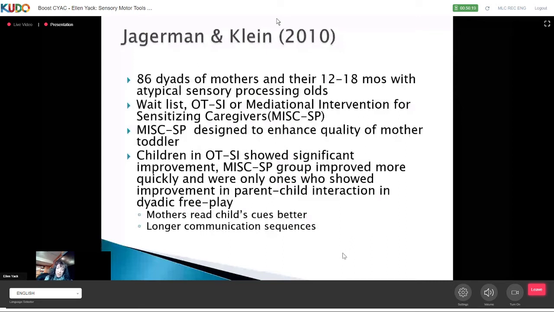Specifically, they noted mothers were reading the child's social cues better, and there were longer communication sequences or longer periods of engagement, likely because of more normalized arousal regulation.